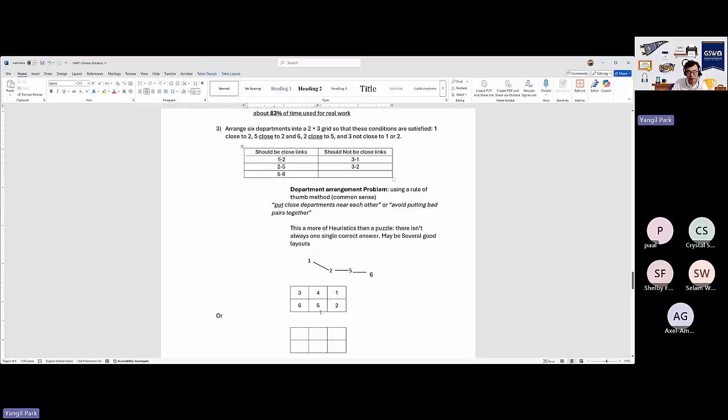Again, this is not the only answer. You can put it another way, like putting 2 over here, same thing, 5 over there, right? Then you put 6, oops. Then you can put 1 above and 4 and 3.